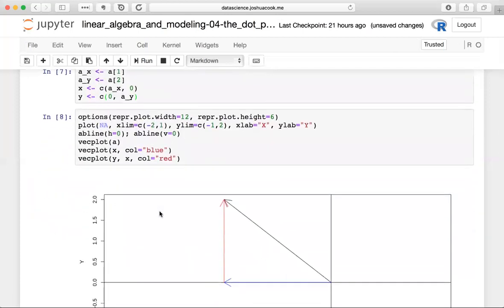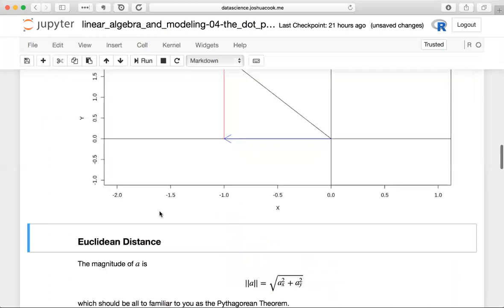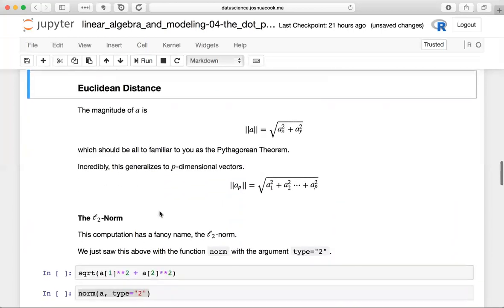So here's A. We've seen that before. And then here's this X vector. It's the X component of the A vector. And here's this Y vector, the Y component of the A vector. And you should be remembering the Pythagorean theorem. That's what we're looking at here. So here's this Euclidean distance.